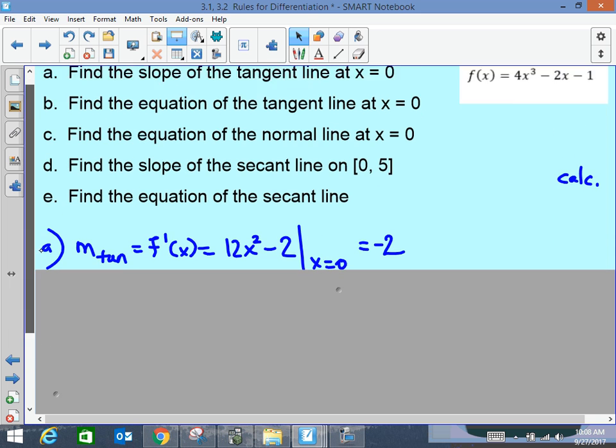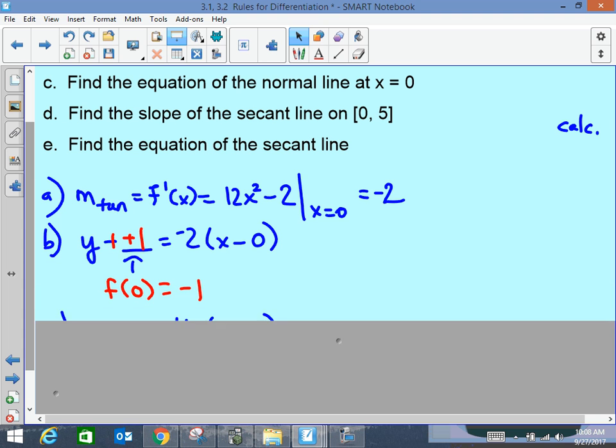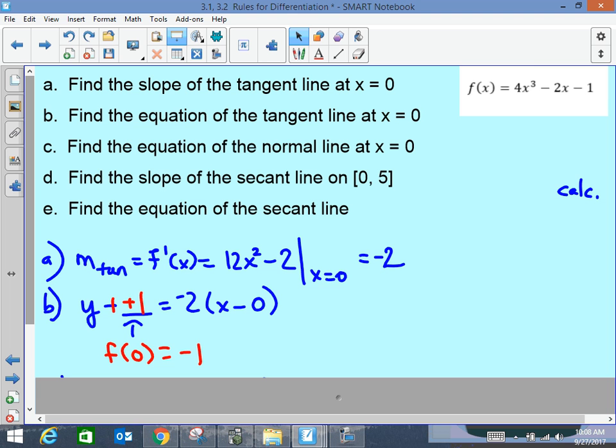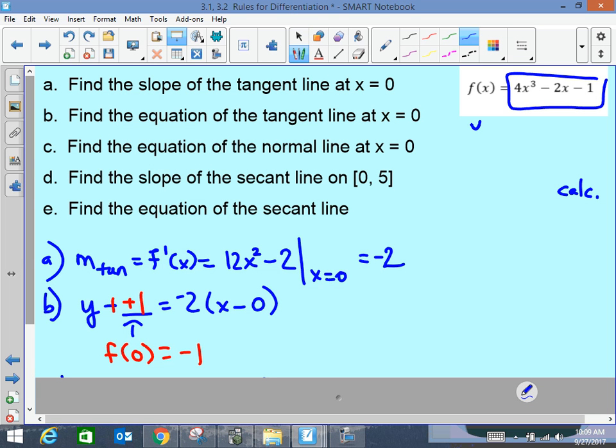Part B, find the equation of the tangent line. I had everything but this piece. Remember, this is the f of that value, so you all had to do that, right? Now, if you are smart and you know you're going to do more than one thing, you should have probably put this into y1 in your calculator, and then when you did math 8, you put in y1 for this piece.